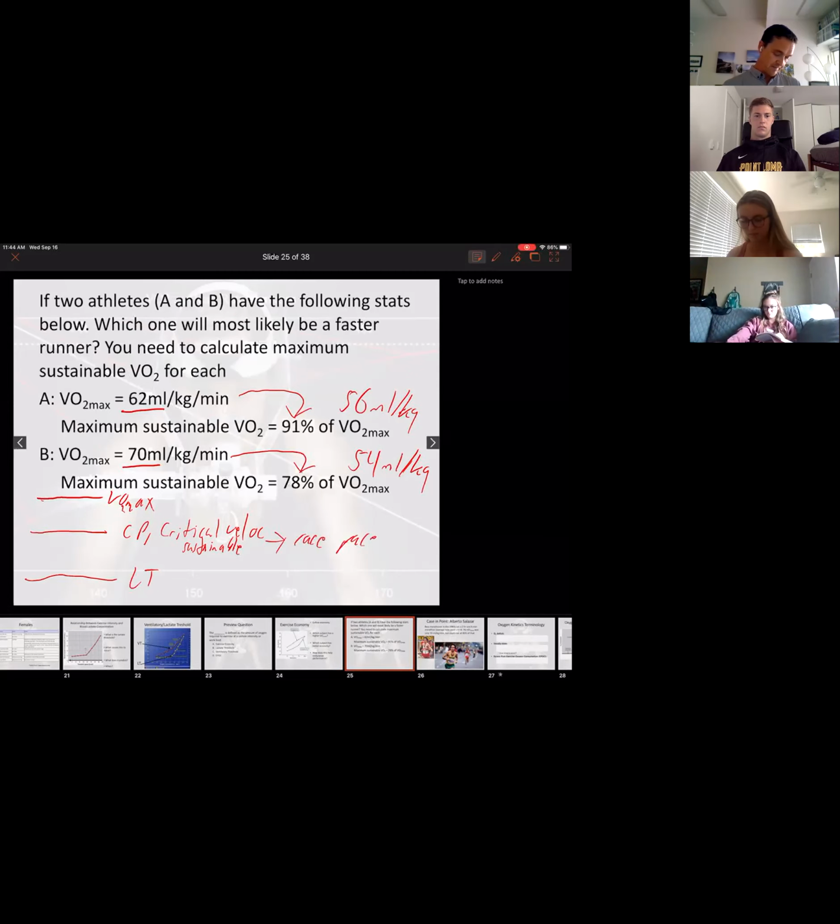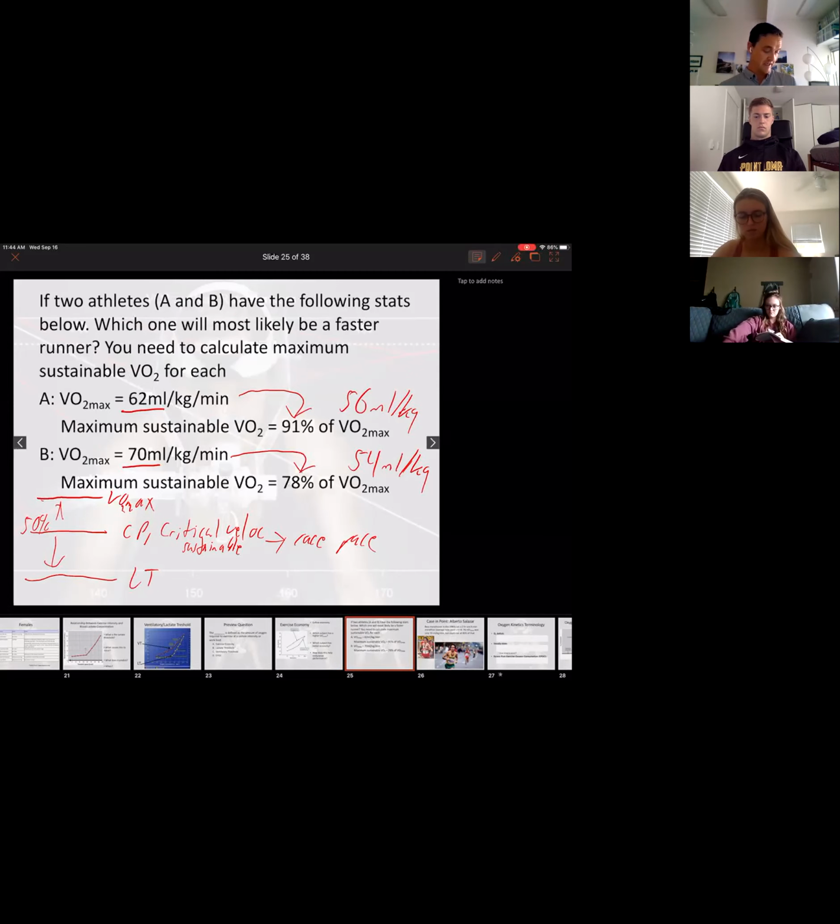One thing I wanted to clear up is that we can exercise above lactate threshold, and we do all the time, okay? Lactate threshold is not the same thing as your maximal sustainable intensity. Usually your maximal sustainable intensity is somewhere around 50% of the difference between those two numbers there, okay?